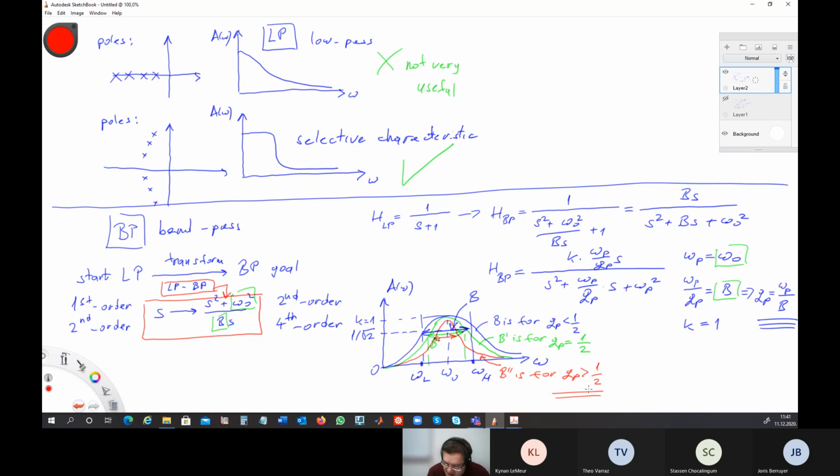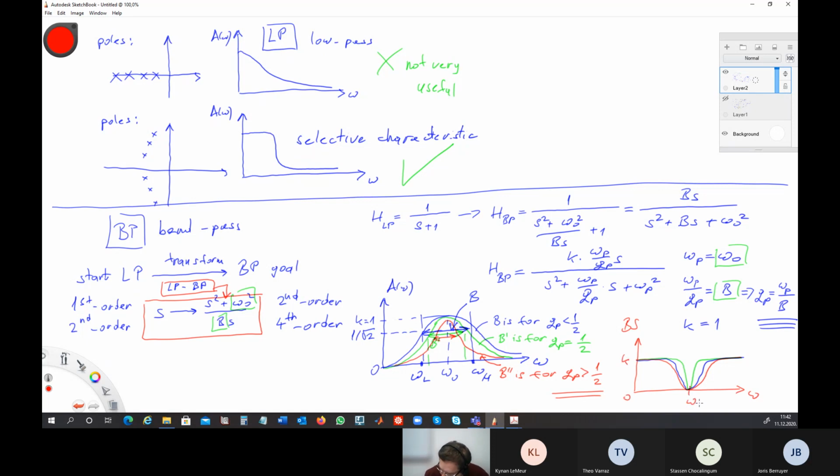And the same will be with band stop. For the band stop it is the same problem, because the band stop looks like this. And a more narrow one. And even more narrow one. So this is also a problem with band stop filters.